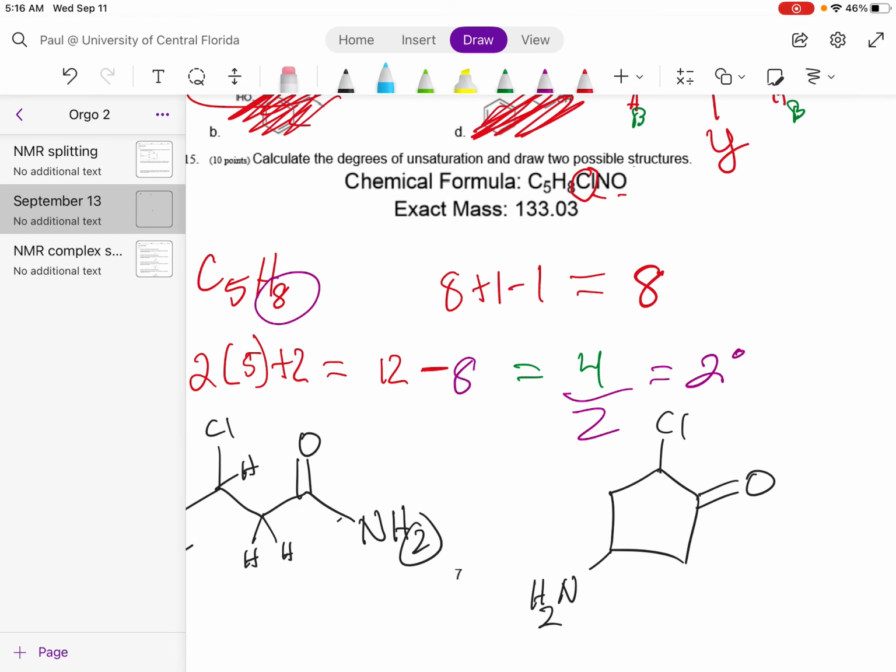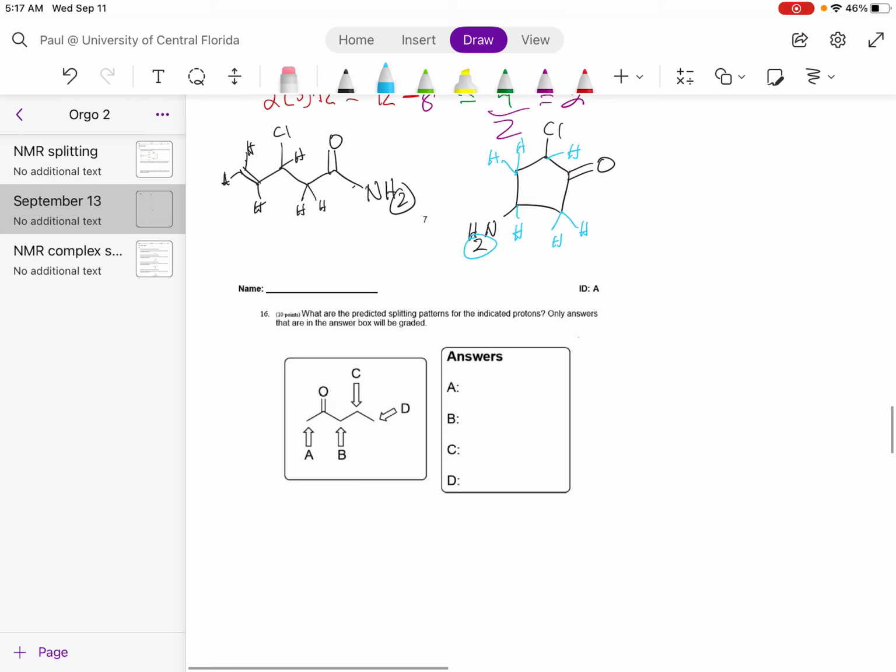I already counted 5 carbons. I have 1 nitrogen and 1 oxygen, 1 chlorine. Now I just double check the hydrogens. 2, 3, 4, 5, 6, 7, 8. And that matches the chemical formula.